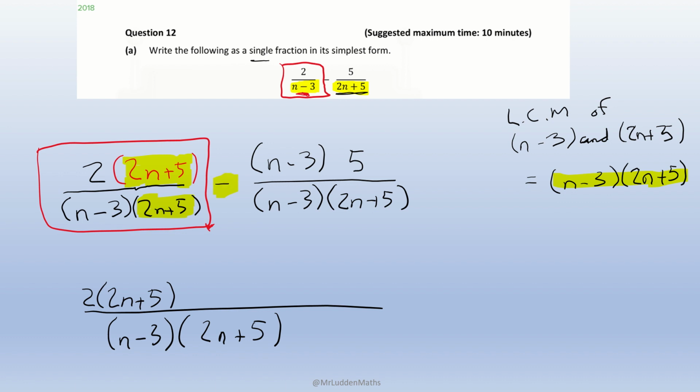Just be careful of that, because that's going to be minus. And just for the sake of this, I'm just going to swap the position of these two around in my next line here. So I'm going to have minus 5 over n minus 3. Now, just something to be aware of, that minus sign is acting on everything here.